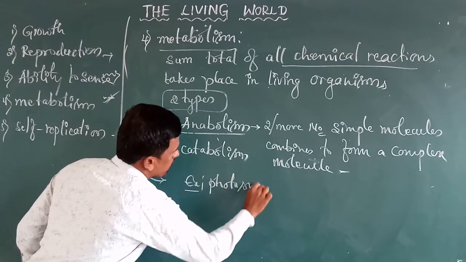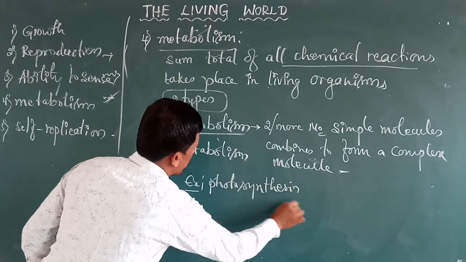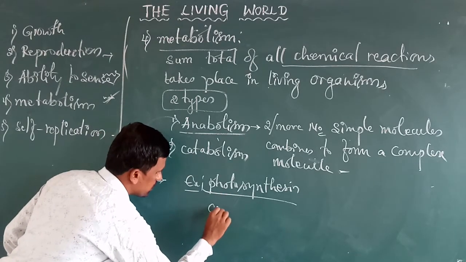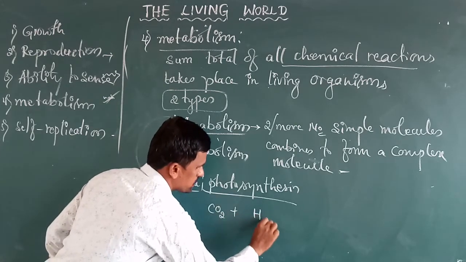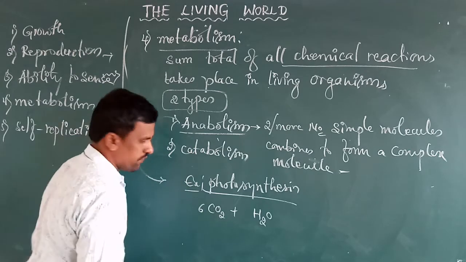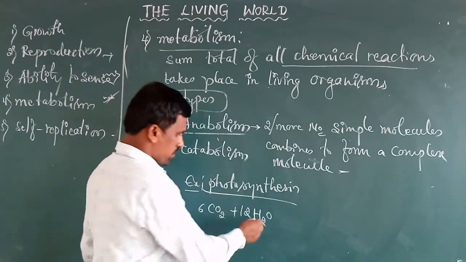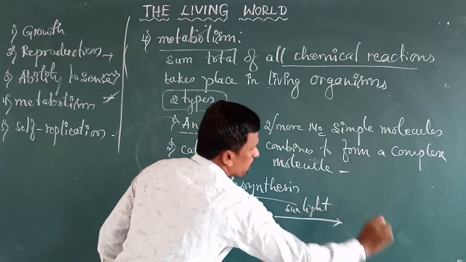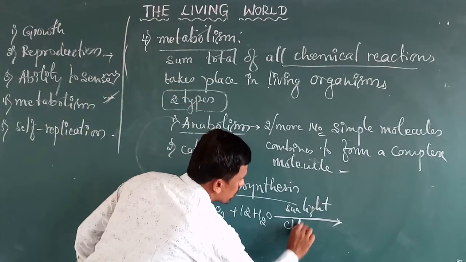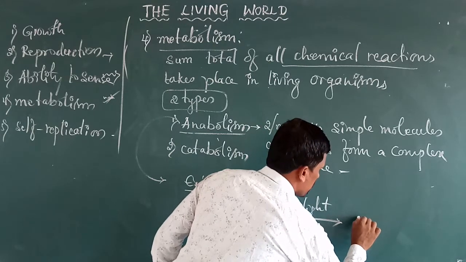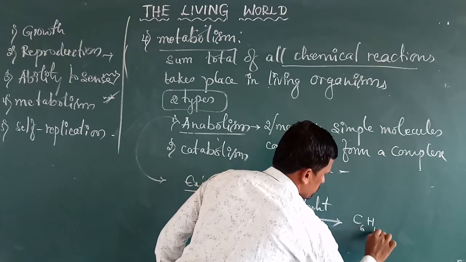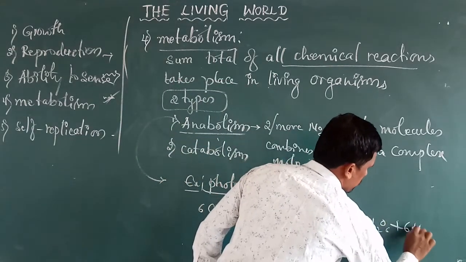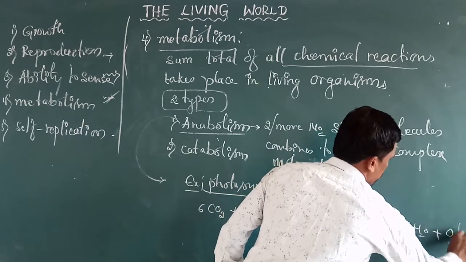Photosynthesis. Here the simple molecules are carbon dioxide and water: 6 molecules of carbon dioxide and 12 molecules of water, in the presence of sunlight and chlorophyll pigment, form a complex molecule, glucose, C6H12O6, plus 6 molecules of water plus oxygen.